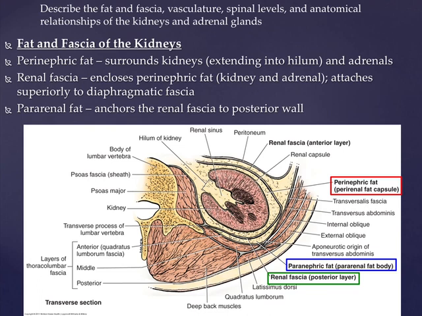And then finally, just sitting outside of the renal fascia is another layer of fat that surrounds the renal fascia called the perirenal fat. And so all of these layers help to insulate, support, provide energy, and protection to the kidney.